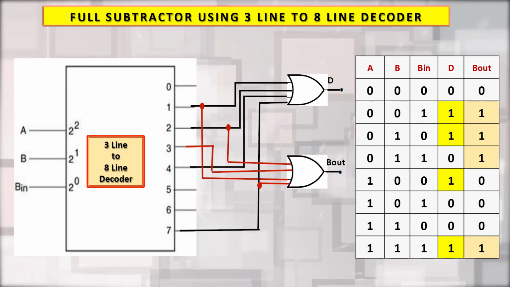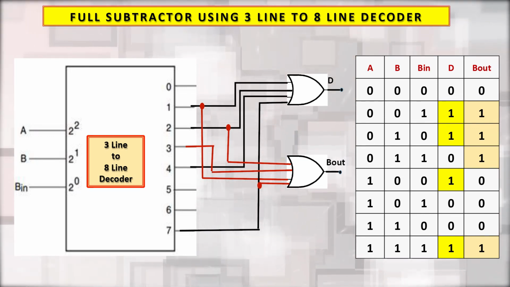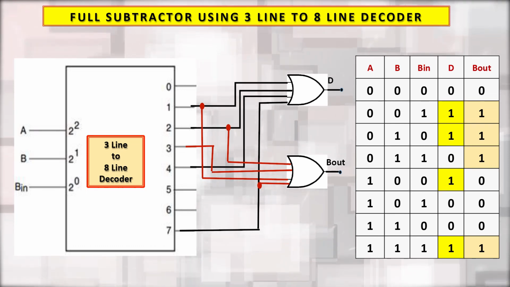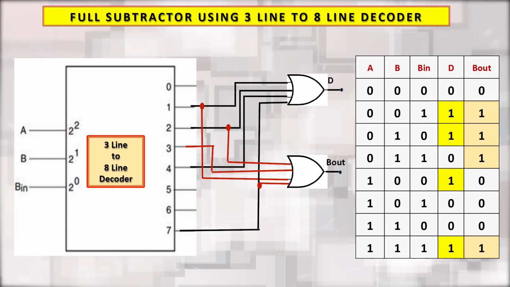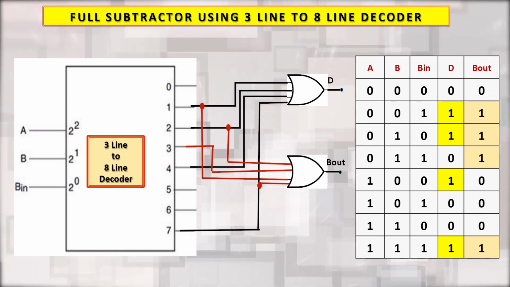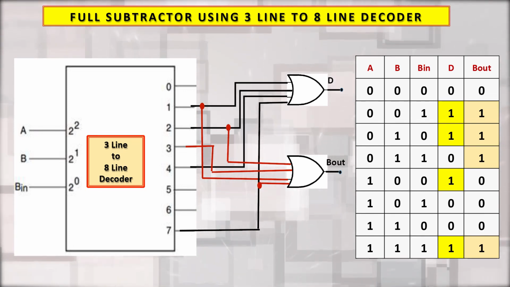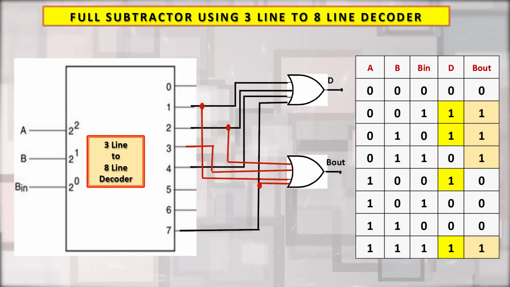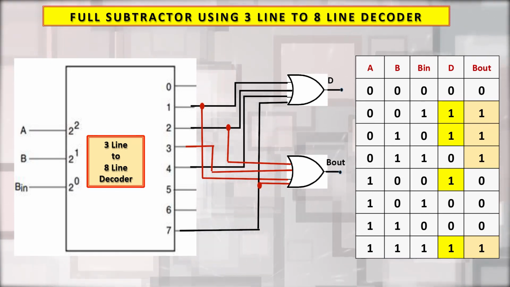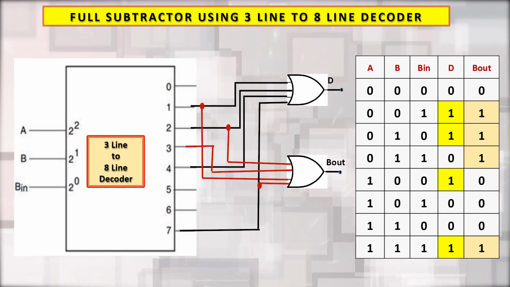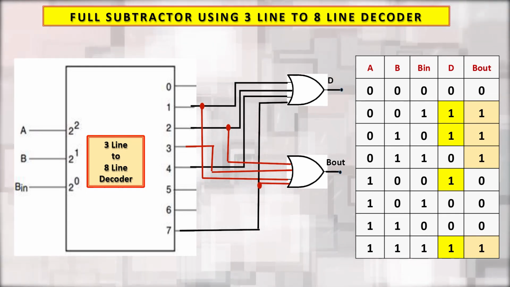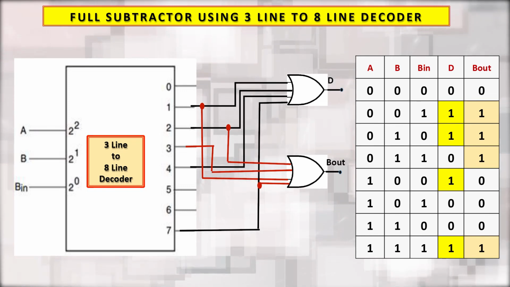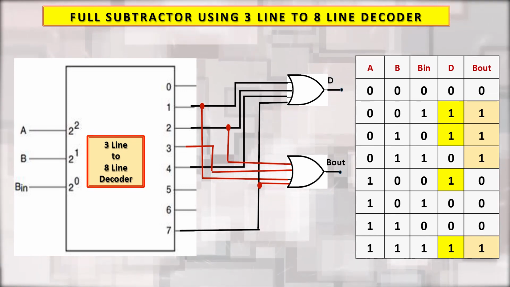You can see that whenever the difference is high, D is 1, and whenever the borrow is high, B out is 1. So we have to check when D is high, and for those cases the output lines need to be connected to the OR gate for realization of D.